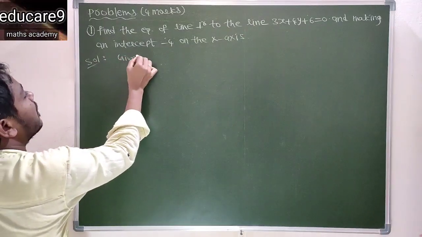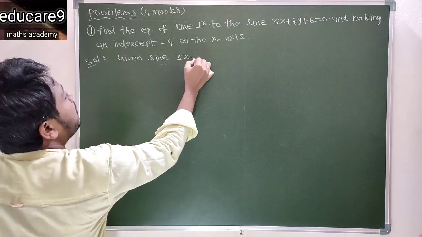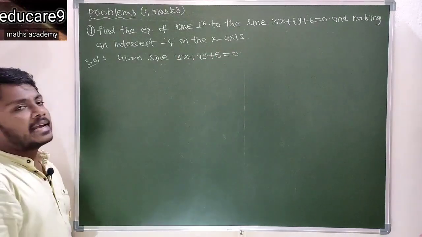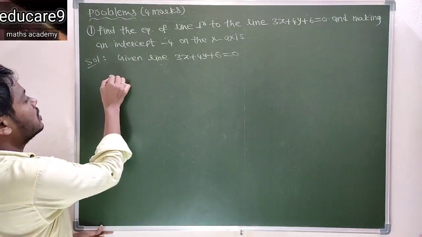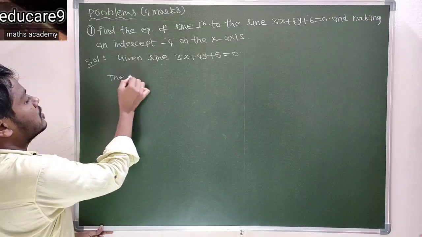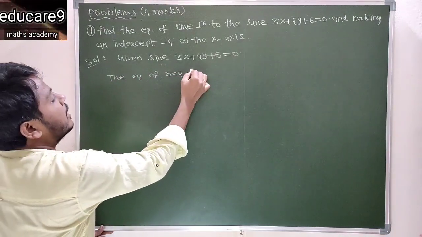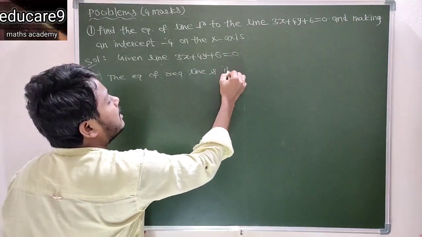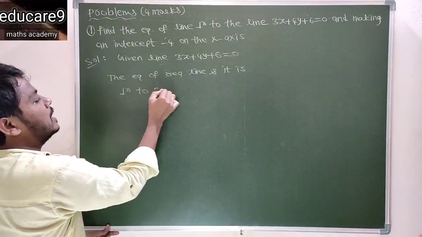Given line is 3x plus 4y plus 6 equals 0. Here the required line is perpendicular to this line. So the equation of the required line is perpendicular to equation 1.